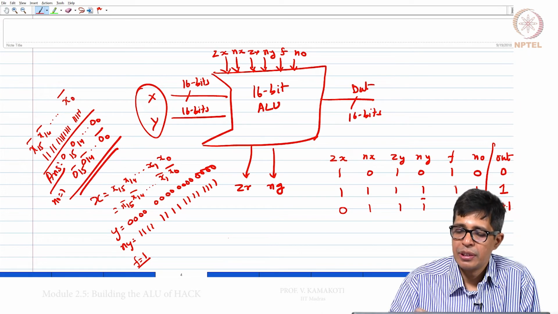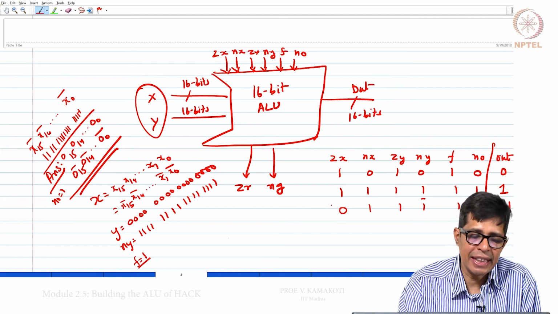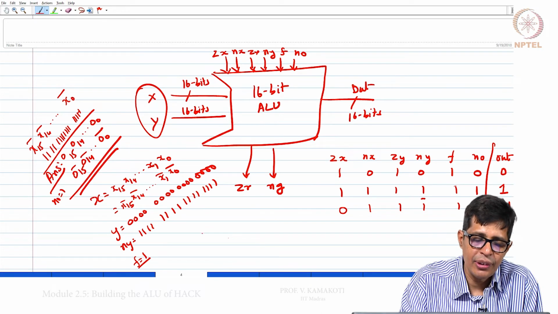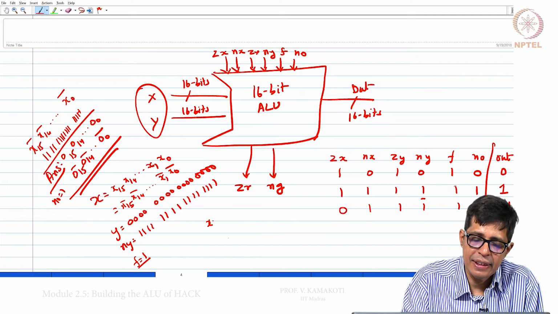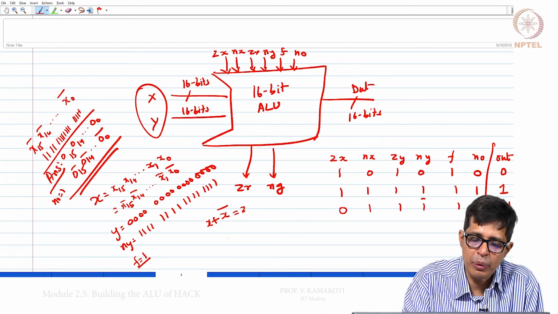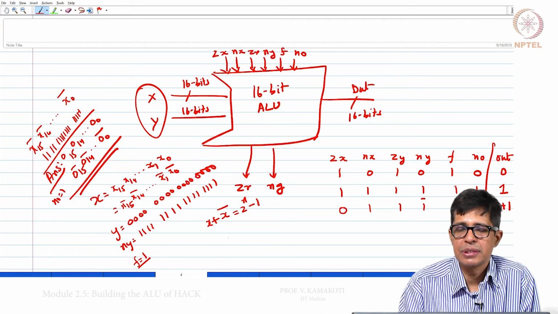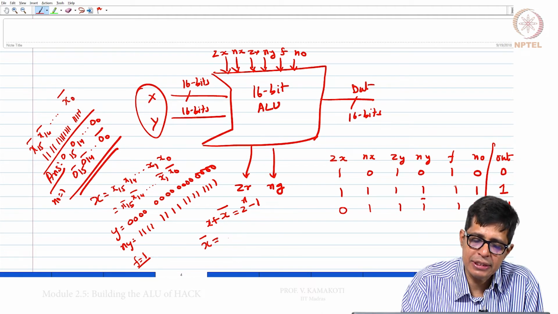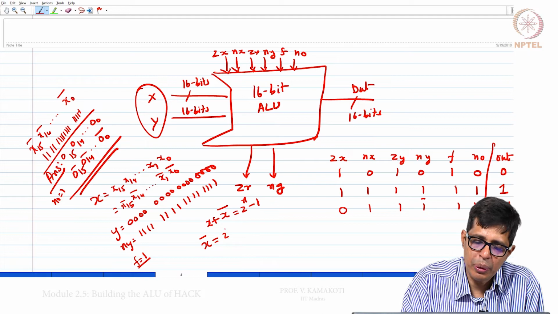How? Let us take first x comes as it. When I invert x, what is the inversion of x? Suppose I have x. Yesterday in the previous module we saw that x plus x complement is nothing but 2 power n minus 1. So, when I say x complement, this is nothing but 2 power n minus 1 minus x.